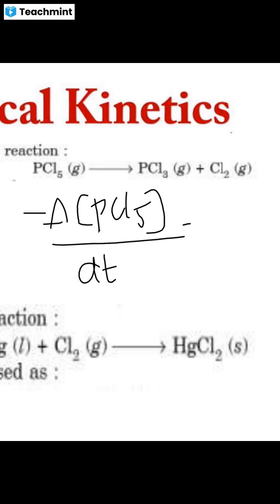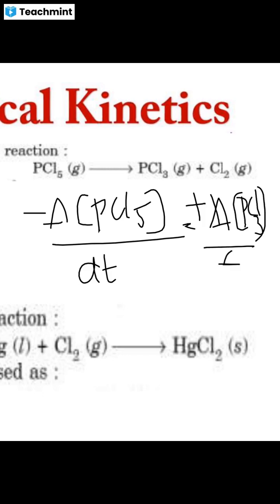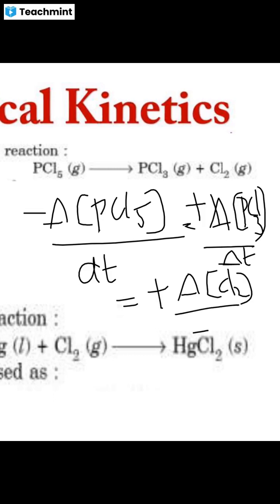This is equal to the increase in the concentration of the phosphorus trichloride upon time, which is also equal to the increase in the concentration of the chlorine upon time. This is the way to write the average rate expression.